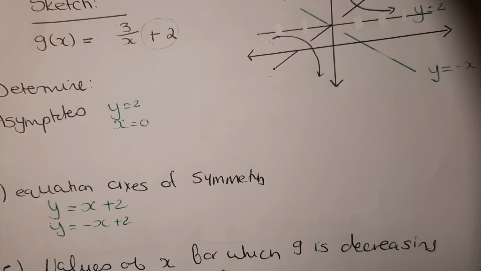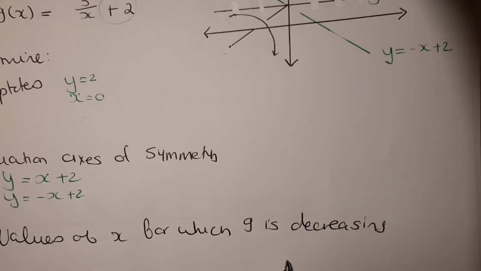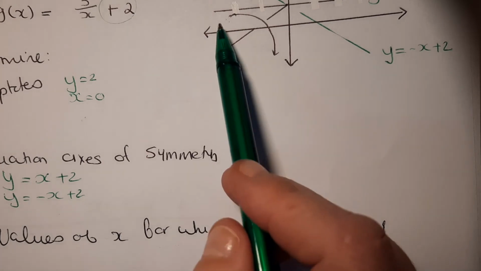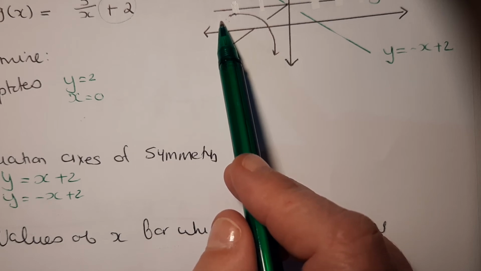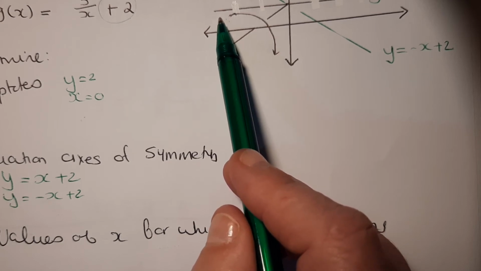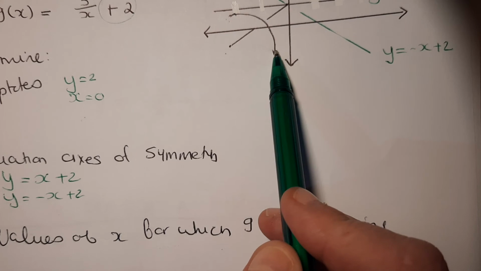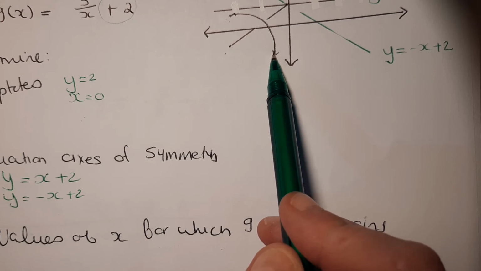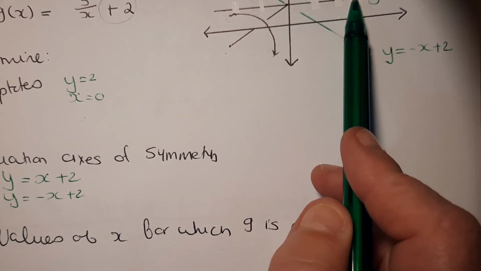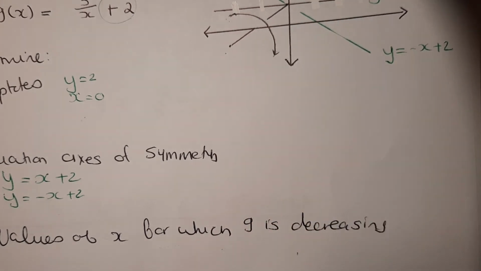Find the values of x for which g is decreasing. Where will it be decreasing? It will be decreasing from negative infinity to 0, and again from 0 to positive infinity.